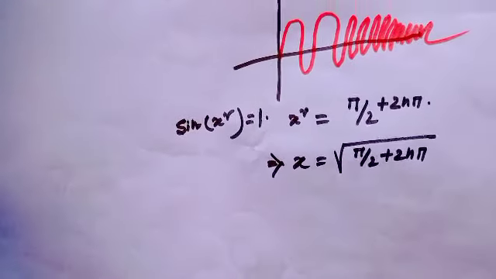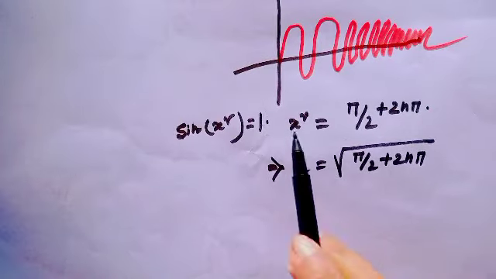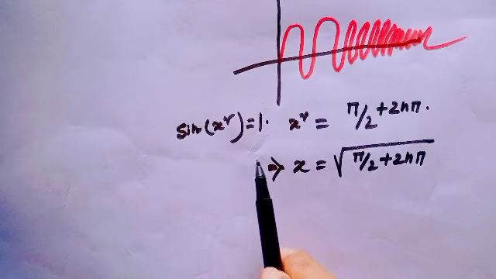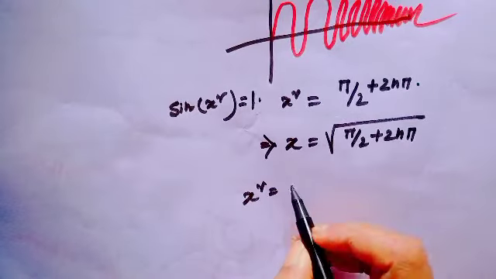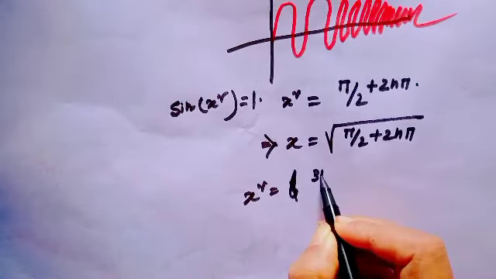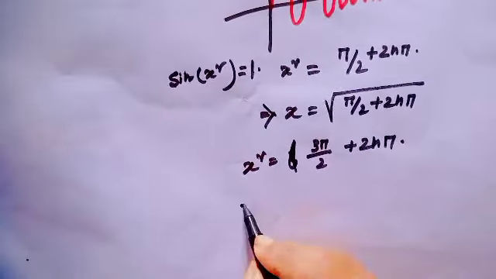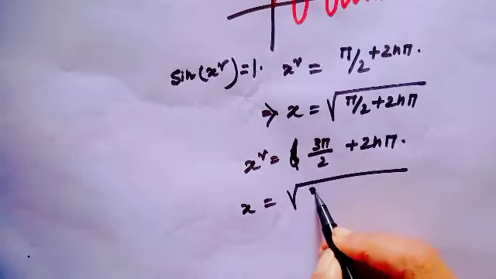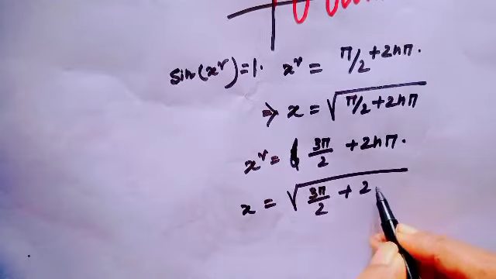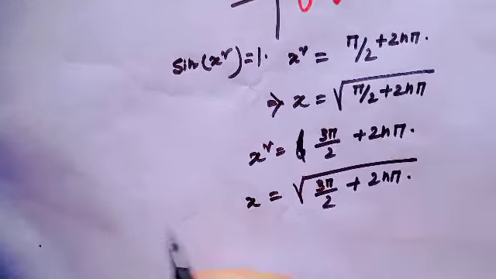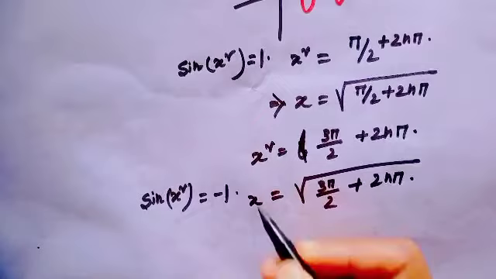Now consider the other point, at which the value of sin x square is -1. Consider this point, x square equal to 3 pi over 2 plus 2n pi. Then x equals square root of 3 pi over 2 plus 2n pi, and at this point the value of sin x square equals -1.